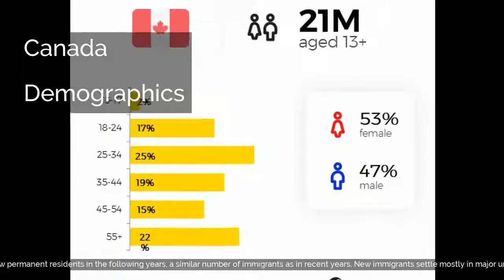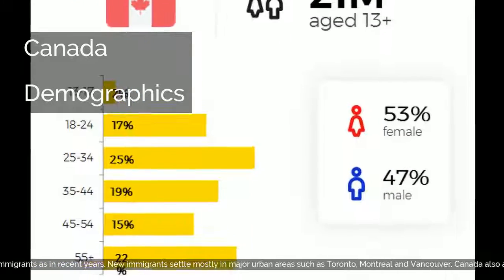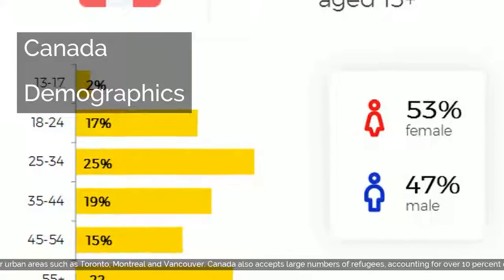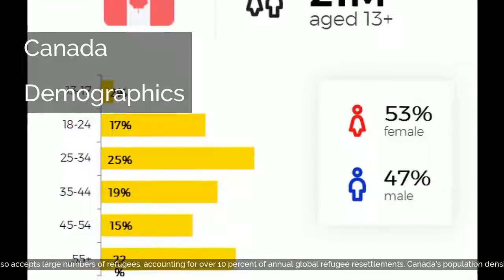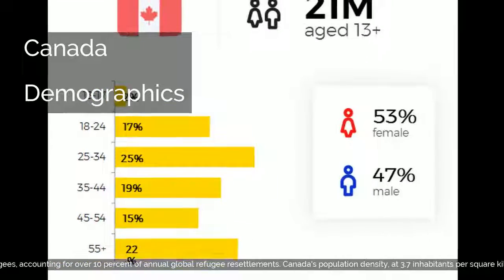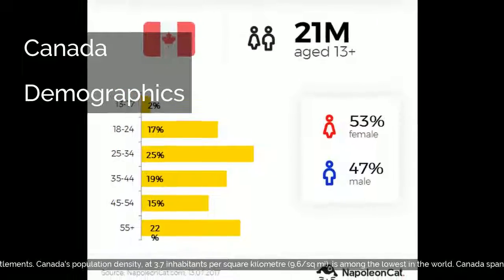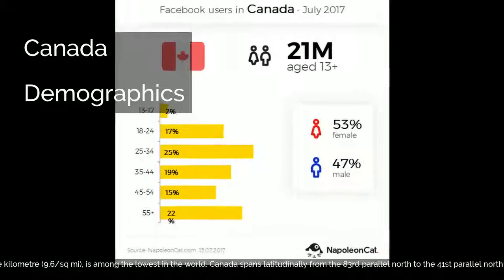The Canadian government anticipated between 280,000 and 305,000 new permanent residents in the following years, a similar number of immigrants as in recent years. New immigrants settle mostly in major urban areas such as Toronto, Montreal, and Vancouver. Canada also accepts large numbers of refugees, accounting for over 10% of annual global refugee resettlements.